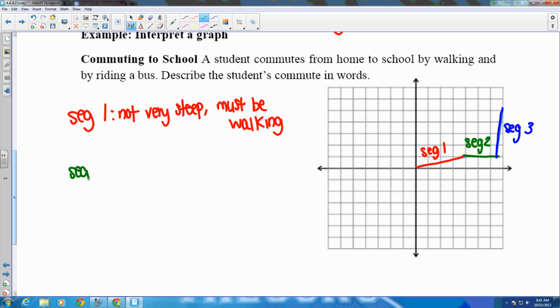The second segment, this is obviously horizontal, so this is a 0 slope. So he's not moving at all. He's got to be waiting for his bus there.